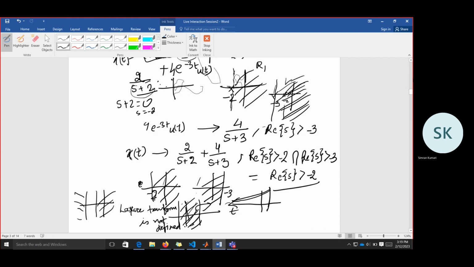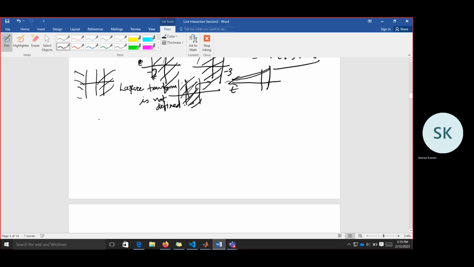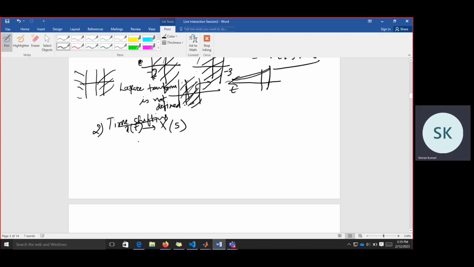This is one property. Then suppose there is a signal x(t). There is another property, which is time shifting. It has Laplace transform X(s).